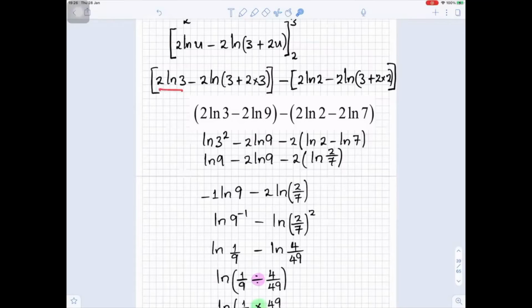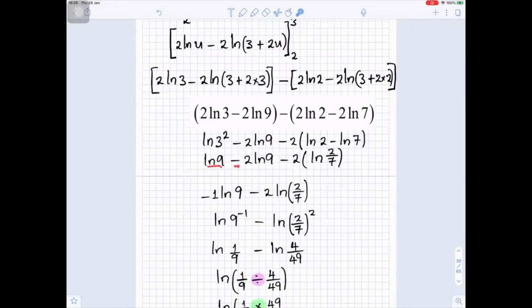So 2 ln 3 minus 2 ln 9, minus bracket 2 ln 2 minus 2 ln 7. These 2 can come to the front as a power, so it becomes 3 squared. So ln 3 squared is the same as ln 9.